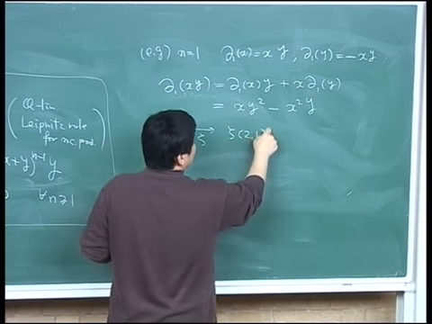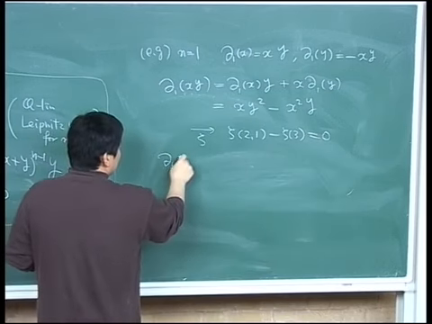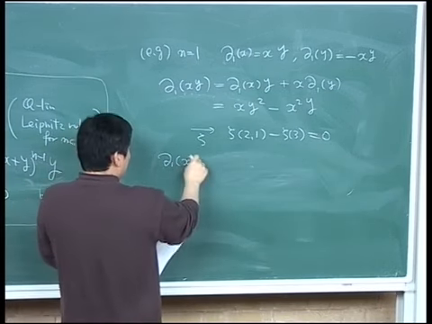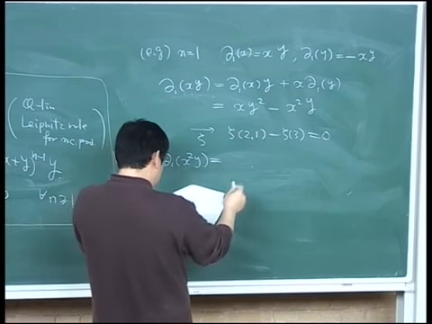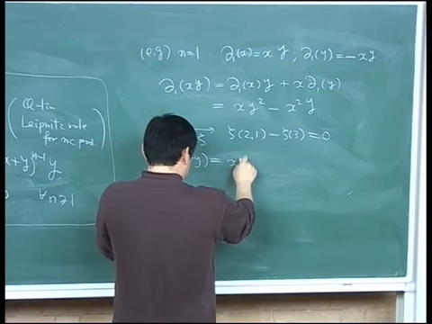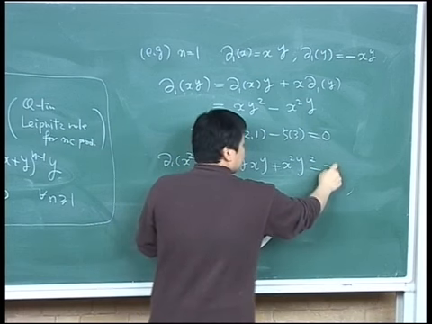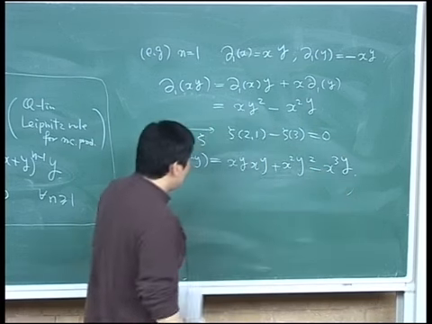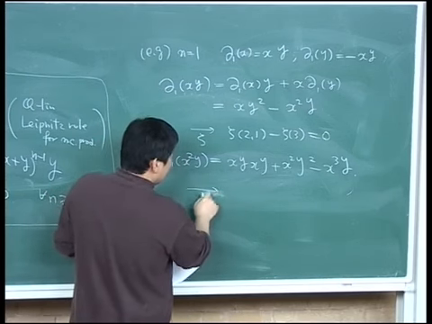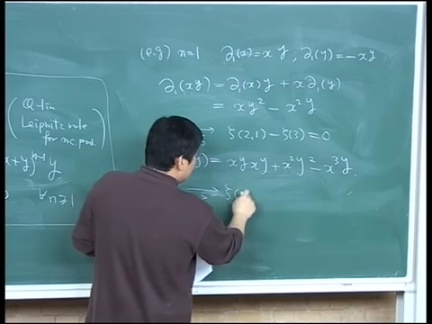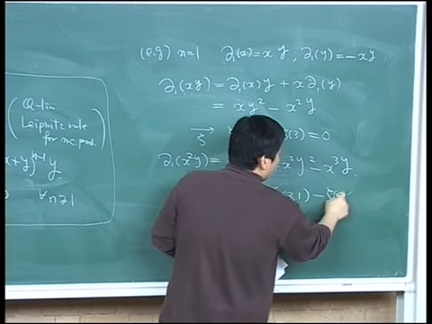Zeta 2, 1, negative zeta 3. One more example. X squared y. I just paste the result. If you compute, you get this result. This corresponds to zeta 2, 2 plus zeta 3, 1, negative zeta 4.